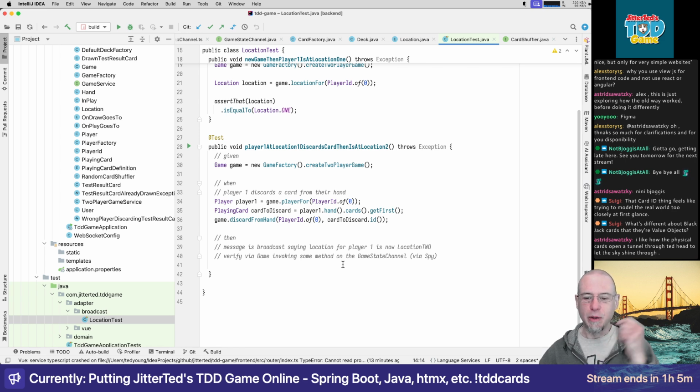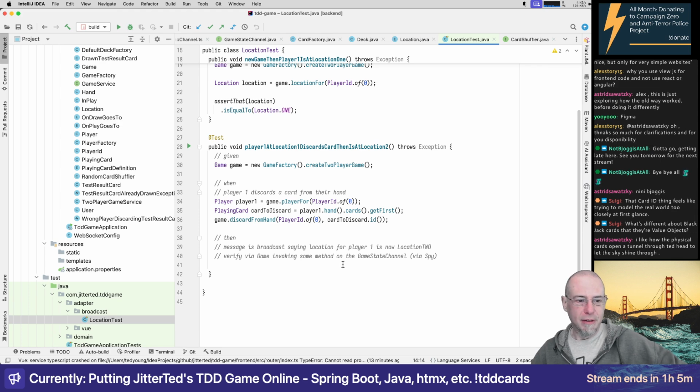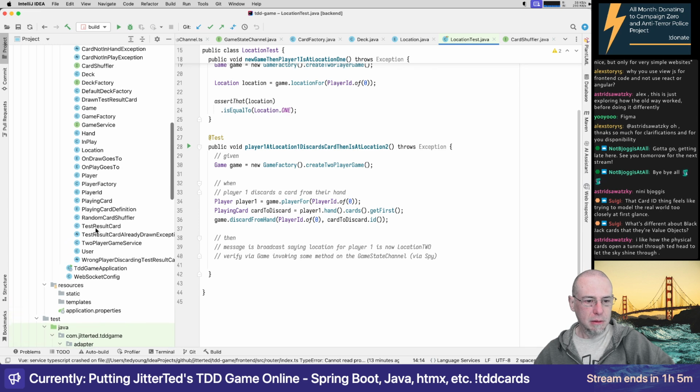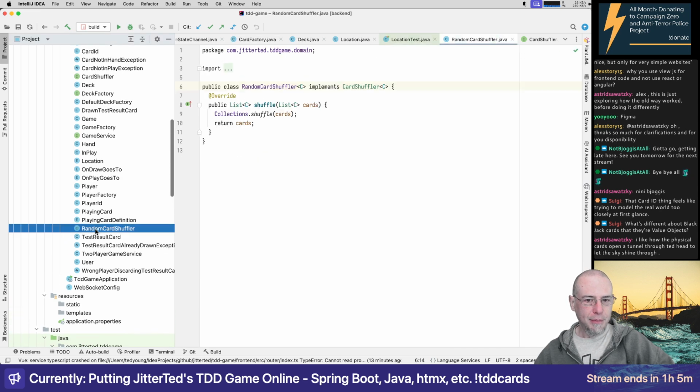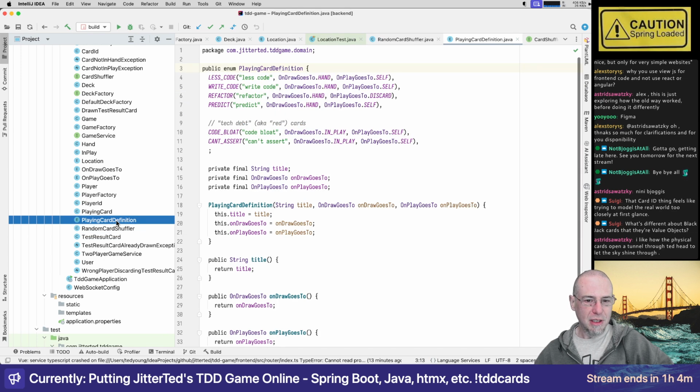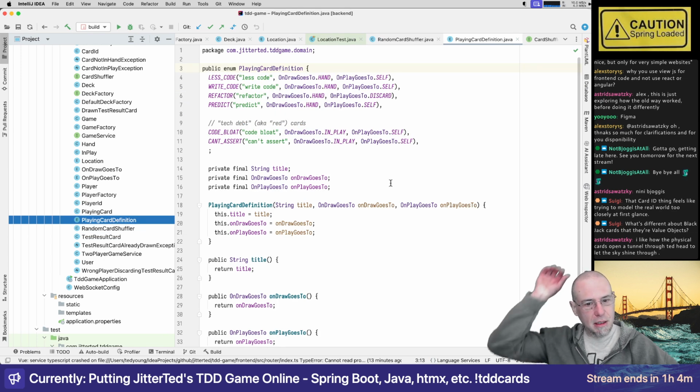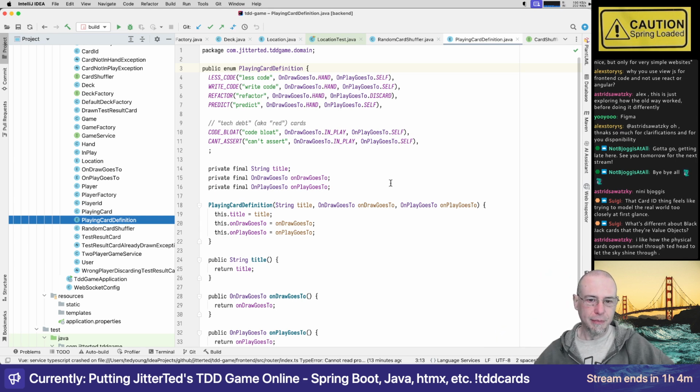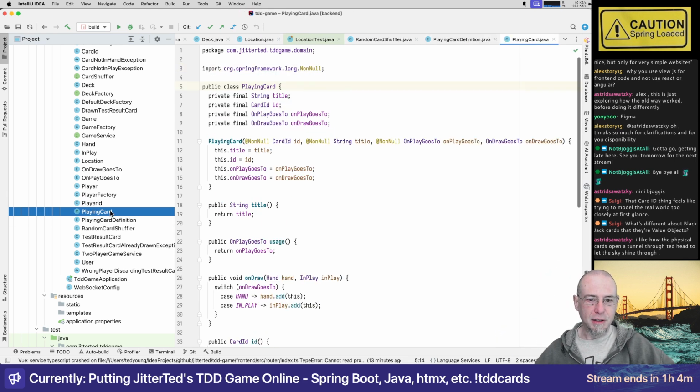And also here, I will likely switch over to using output tracker. Here I've got my random card shuffler, which should not be in the domain. So that'll change. This is the enum that represents a definition of a card. And here's the playing card itself.